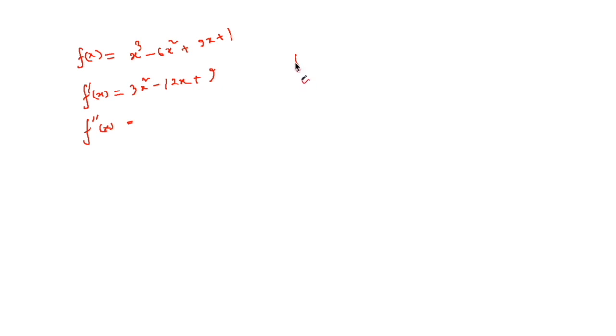F double prime means derivative of f prime. If you differentiate again f prime, you will get second derivative. So derivative of 3x square is 6x minus derivative of 12x is 12 plus 0. So you don't need to write 0.